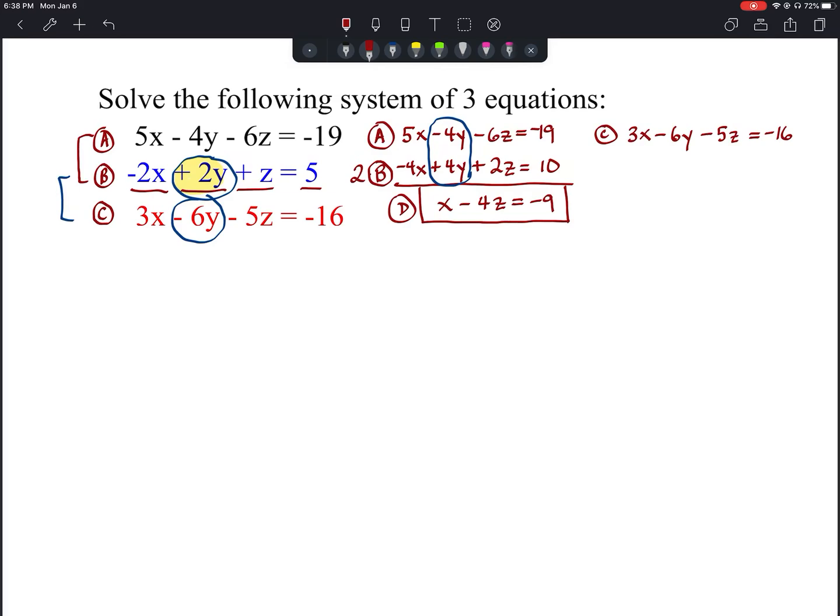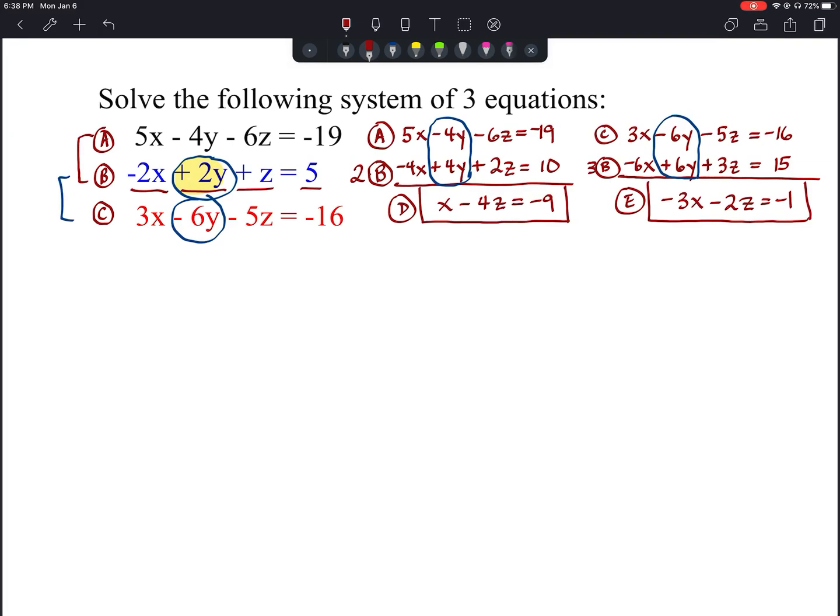And then when we do 3 times B here, we now have negative 6x plus 6y plus 3z is equal to 15. Do your elimination. So what I'm left with here is negative 3x minus 2z is going to equal negative 1. And we'll call that equation E.